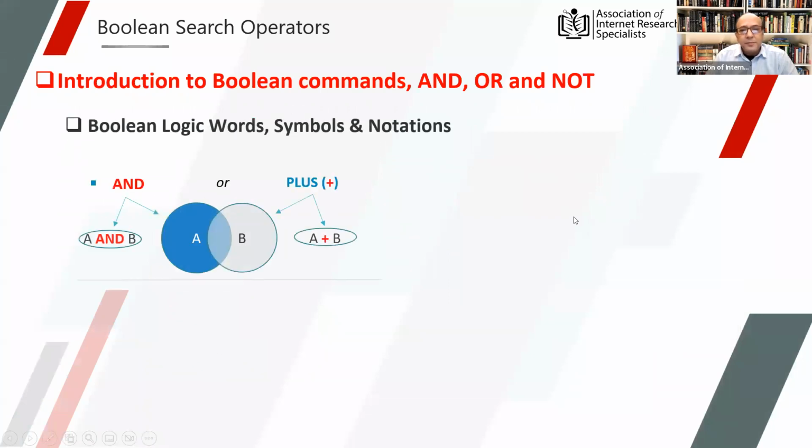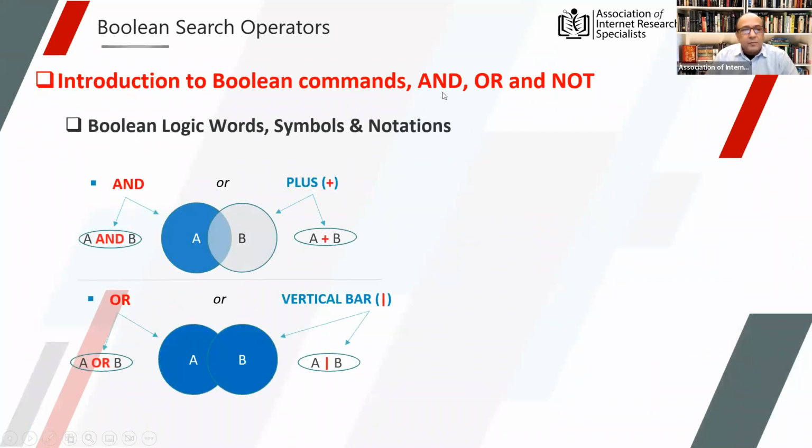So assuming that AND is one of the Booleans that are responsible for adding or connecting two words with each other by giving a command to actually add the two words together that fall on either side of it. That means on the left of it and the right of it.